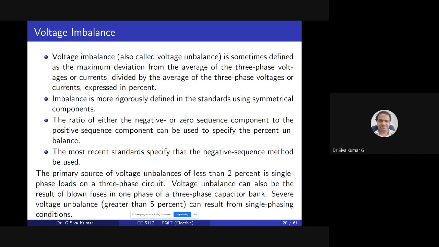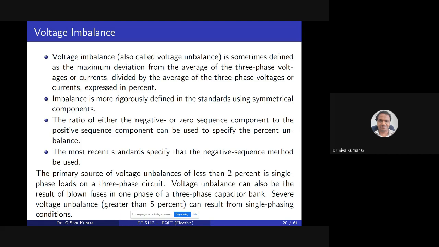Coming back to voltage imbalance, we stopped over here. When we talk about voltage imbalance, or unbalance in a system, we study the unbalanced system by considering symmetrical components.